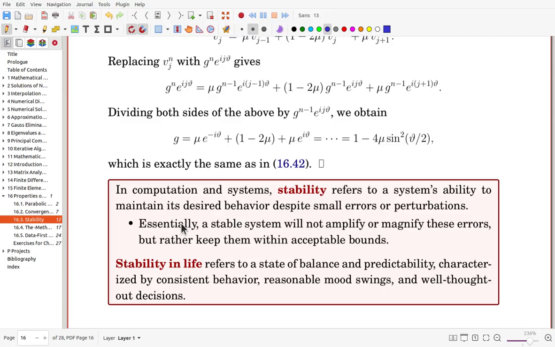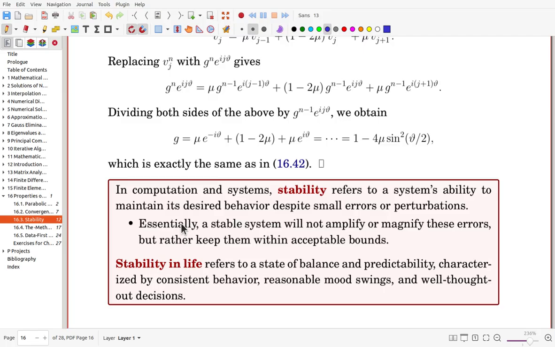And also, stability in life refers to a state of balance and predictability, reasonable mood swings, and well thought out decisions. Along with that, we can say life is stable.